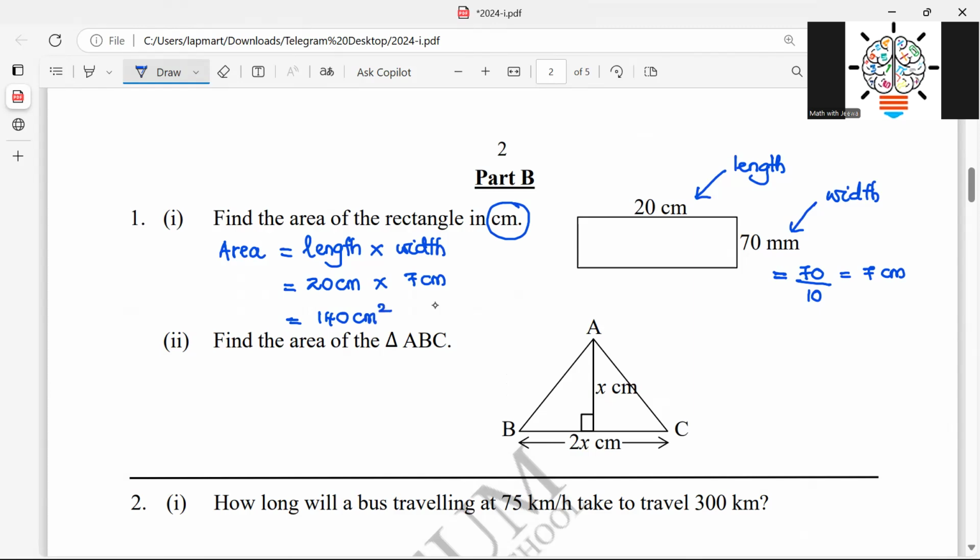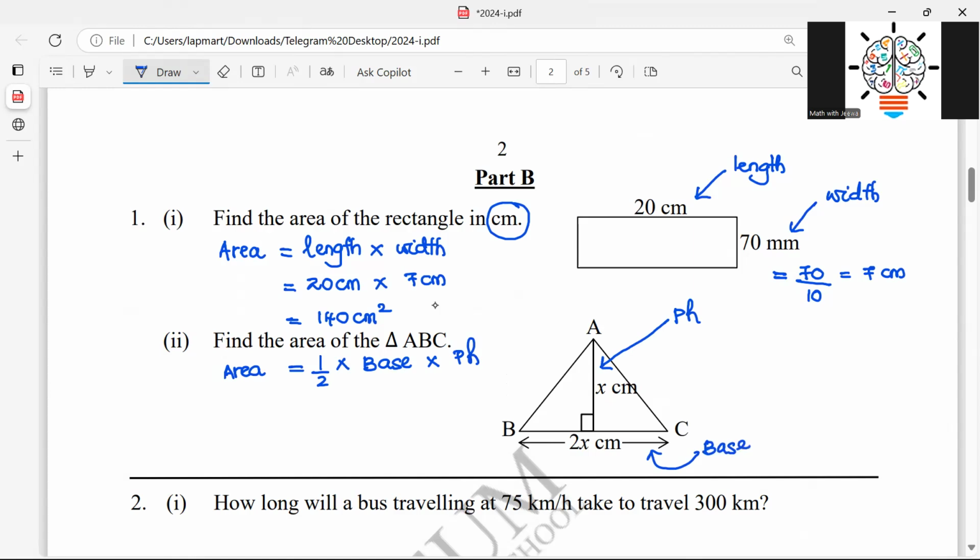Okay. Then the next one, find the area, that is how to find the area of a triangle. So that is half into base into perpendicular height. So first you want to understand, this is the perpendicular height and this is the base value.